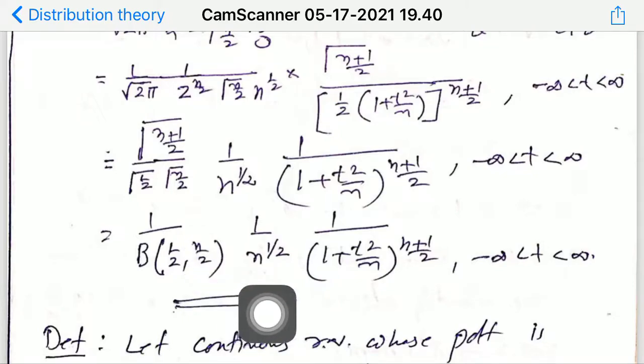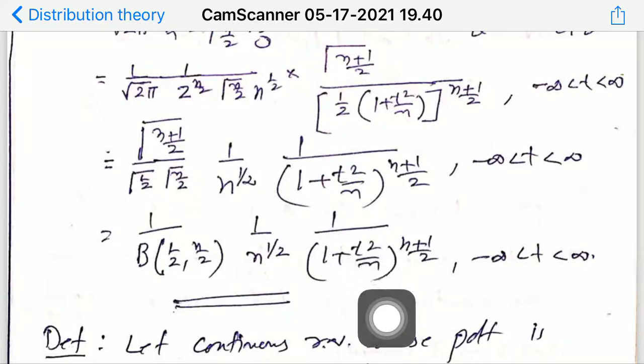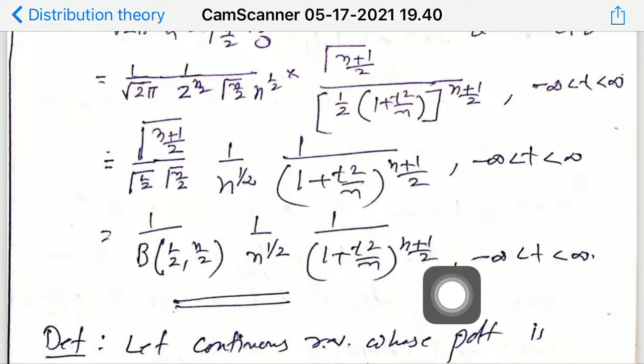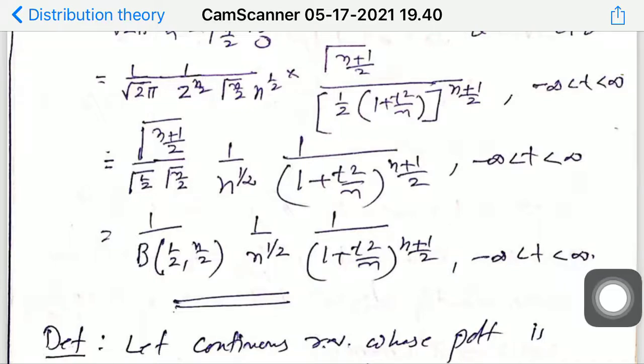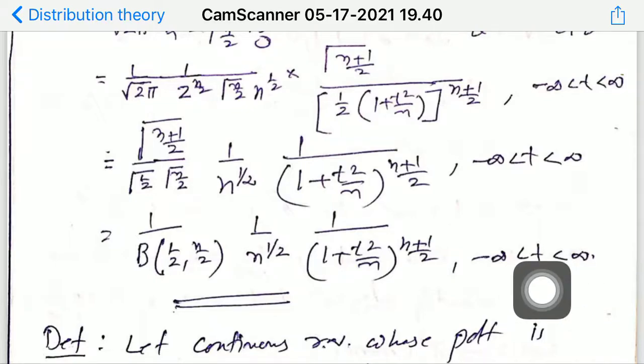So that is equal to 1 by n to the power of 1/2 into 1 by 1 plus t square by n to the power of n plus 1/2 in the limit minus infinity to infinity, because limit of t is minus infinity to infinity.